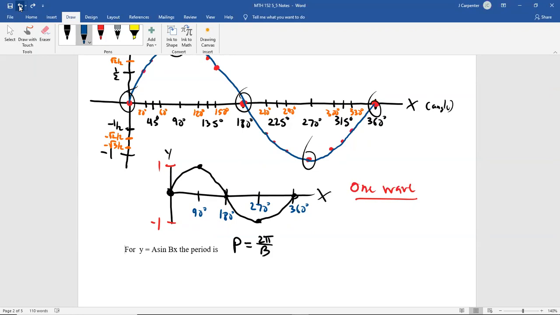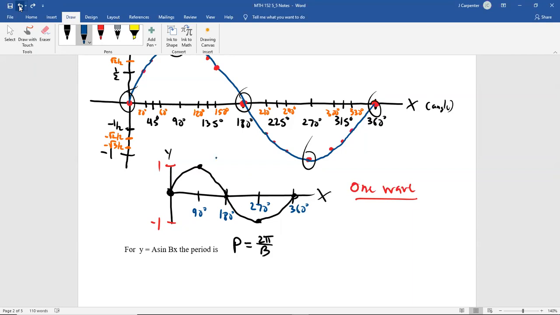So the one we have in black, that full period is 360 degrees or 2 pi. We tend to talk about these values in terms of radians and not degrees. So you're going to see me using radians much more often than degrees for this because of that fact. So we got 1 full wave. A wave is going up and coming down and back to where we started. So we got a full wave in 2 pi, in 360 degrees, because the B here is 1.